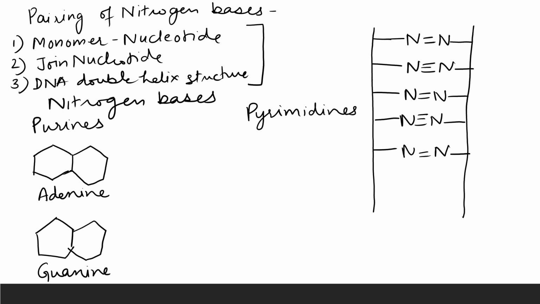And then we have pyrimidine. In pyrimidine, we have one ring of carbon nitrogen. So this is a pyrimidine. So in pyrimidine, we have thymine, and then the other is cytosine.